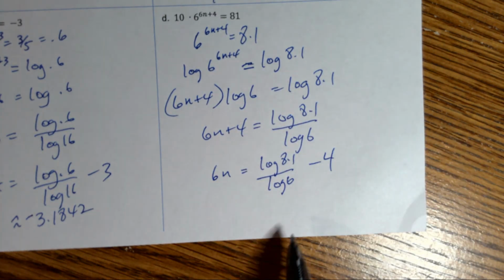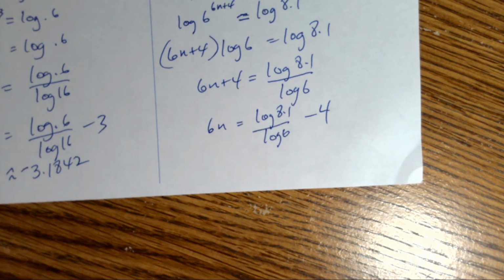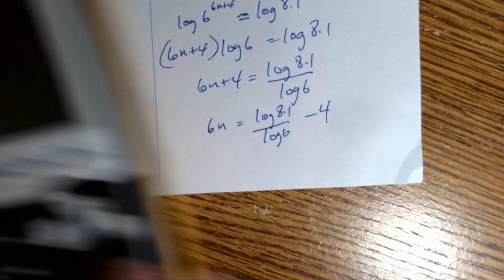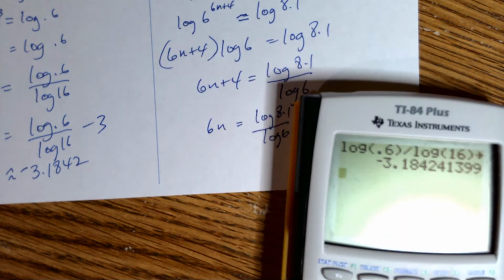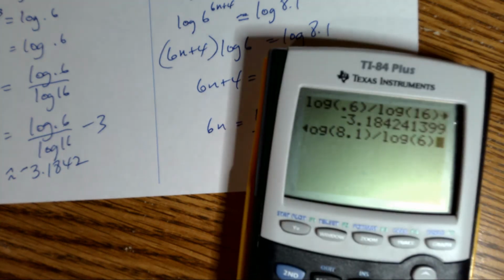At this point, I want to just put this in the calculator. Log of 8.1 divided by log of 6. Close that parenthesis. And then we're going to subtract 4 and give me that answer.